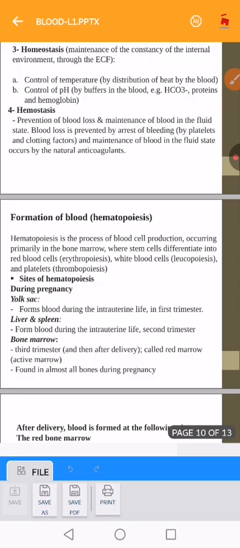During pregnancy, in the first trimester, blood production occurs in the yolk sac. In the second trimester, it occurs in the liver and spleen. And in the third trimester, it occurs in the bone marrow. The active bone marrow is called red bone marrow, and the inactive bone marrow is called yellow marrow.